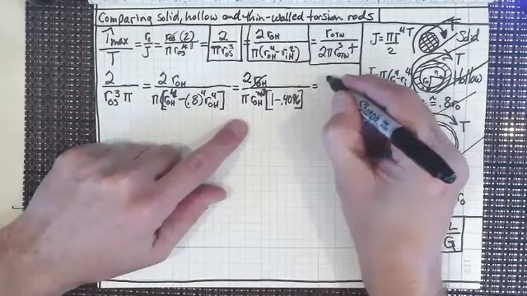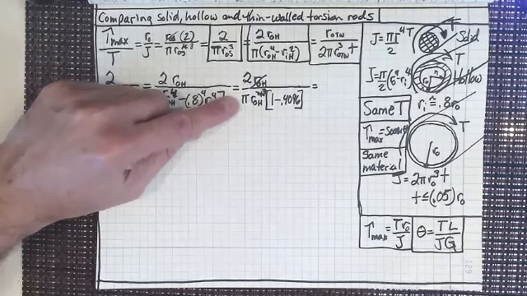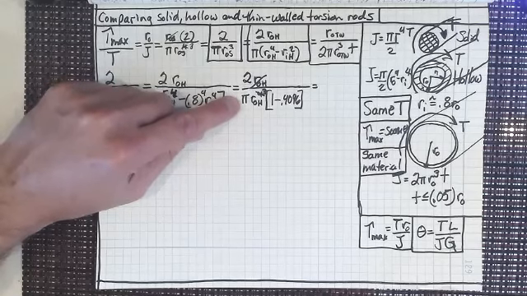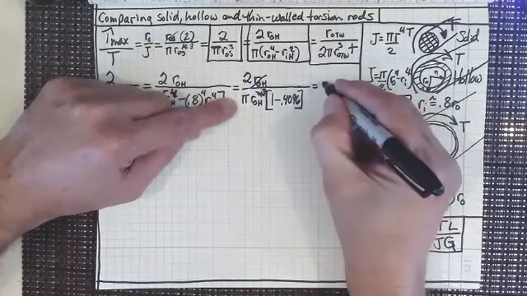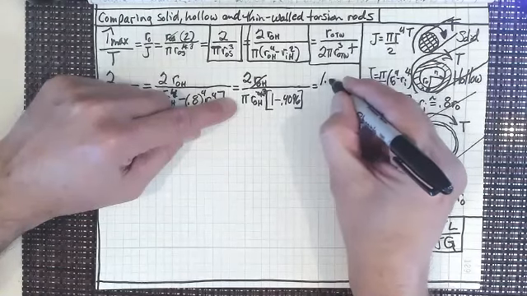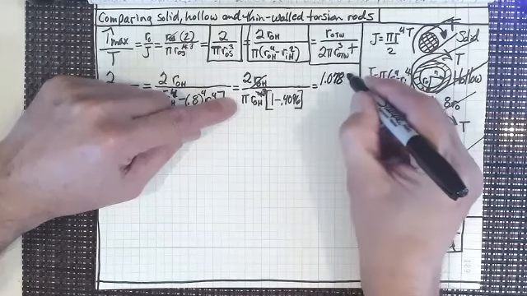So I want to do this. So 2 divided by pi. Let's just come up with an actual number here. 2 divided by pi divided by 1 minus 0.4096 equals 1.0783.